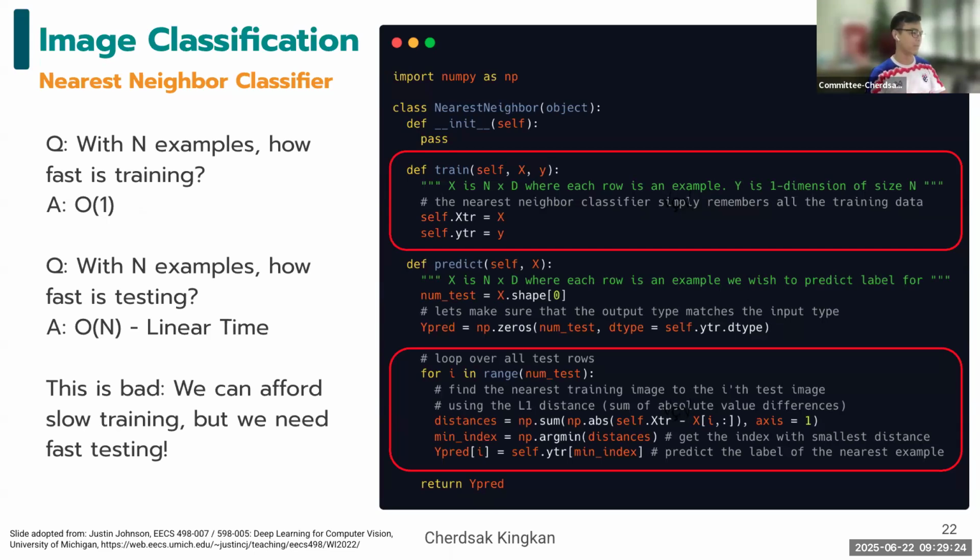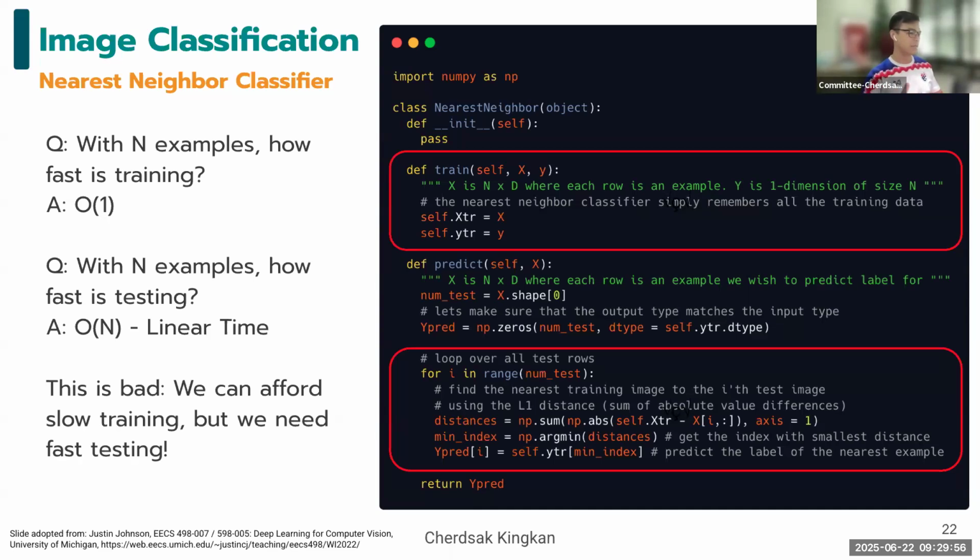We can afford slow training time, because we can wait to train the model, but when we deploy the models in production, we cannot afford the O(n). We need fast testing, right? So probably this nearest neighbor classifier might not be a good choice.